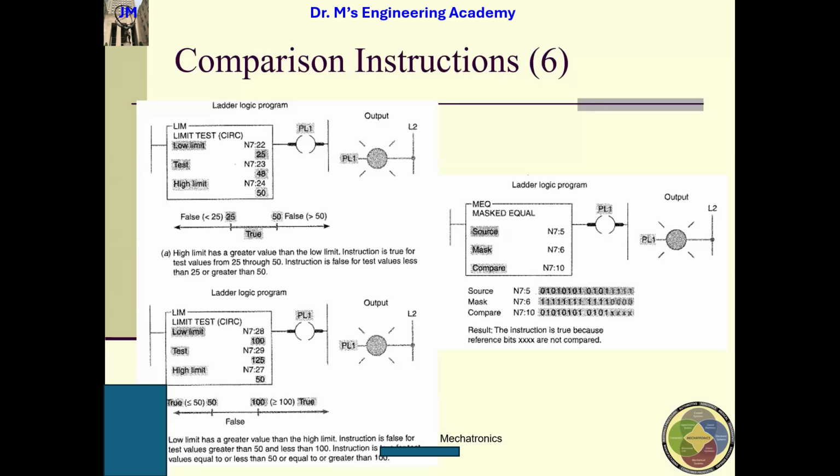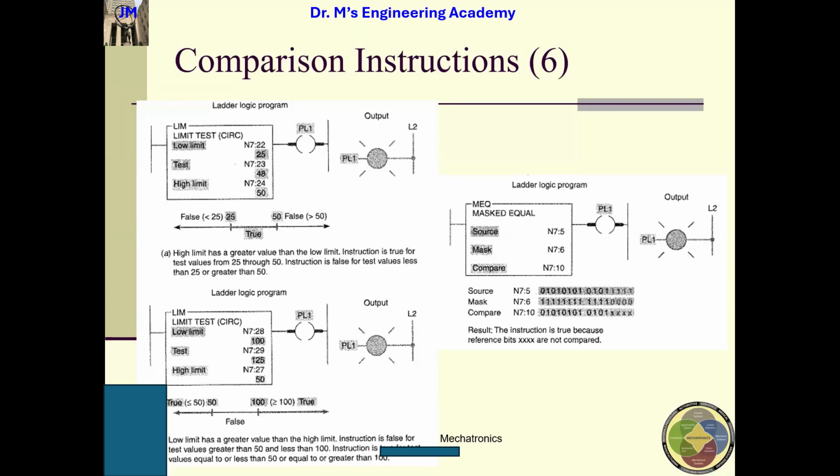If this is the case, this is the intuitive case, the common case. Instruction is true for test value from 20 through 50. Instruction is false for test value less than 25 or greater than 50. So if the lower limit is lower than the higher limit, within this range, true. Outside this range is false.